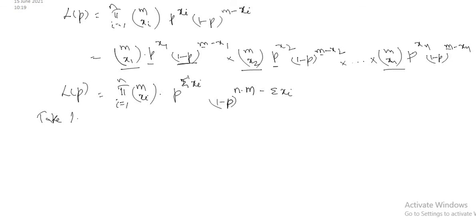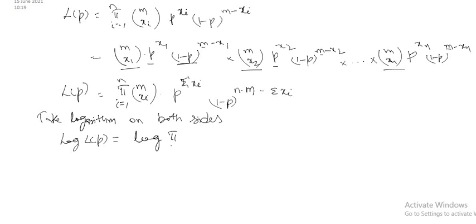Now take logarithm on both sides. Log of L of p equals log of product over i equals 1 to n of mC xi, p power summation xi, 1 minus p power n into m minus summation xi.